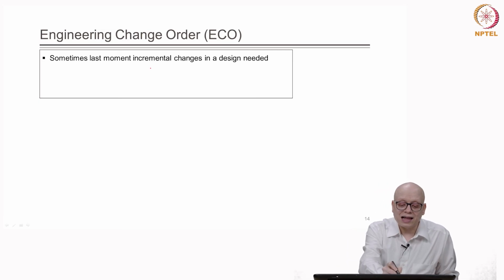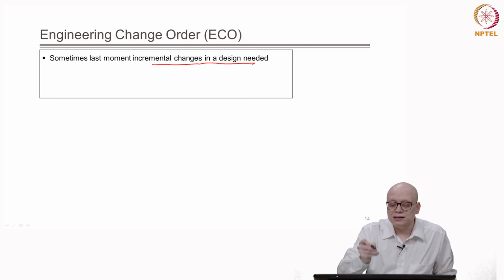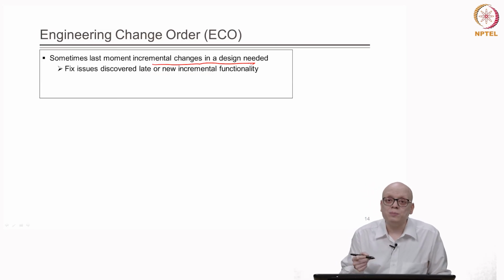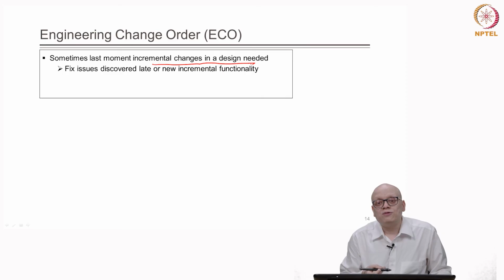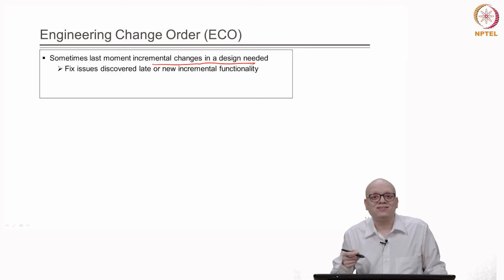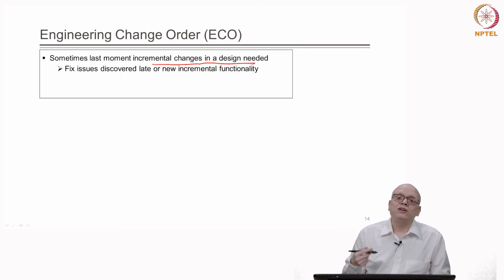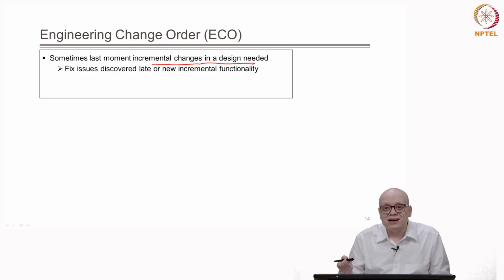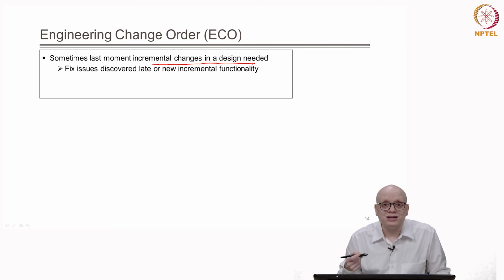Sometimes at the last moment incremental changes are needed in our design, and these incremental changes can be because of a bug that was discovered very late in the design flow, or some functionality change request came much later in the design flow, and we are forced to make those changes. We cannot avoid those changes, right.